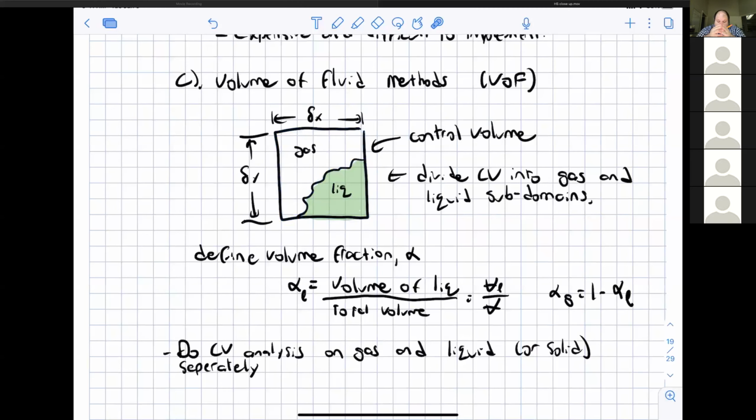Okay, and so then before we get going, we need to define a volume fraction alpha. I call this alpha. I think Bala's group tends to call this phi. You see alpha or phi being used quite a bit, so just look for those. Basically, those two symbols in these types of flows normally mean the same thing.